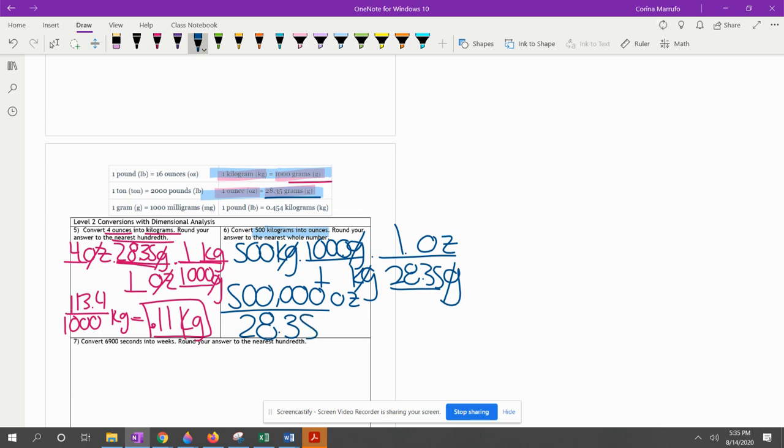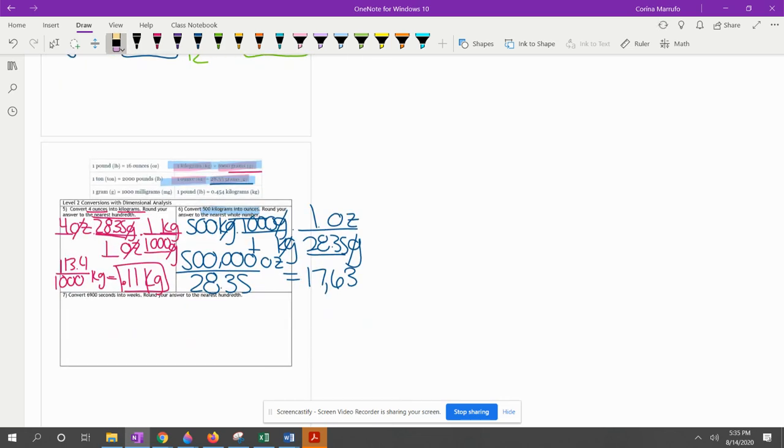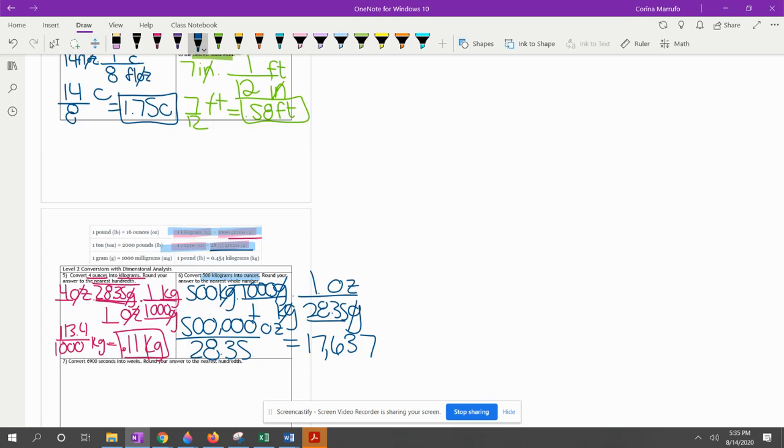Then in our calculators, we do 500,000 divided by 28.35, and that gave us 17,636.7. But they want us to round to the nearest whole number, so this would round to 17,637. And then our units are ounces.